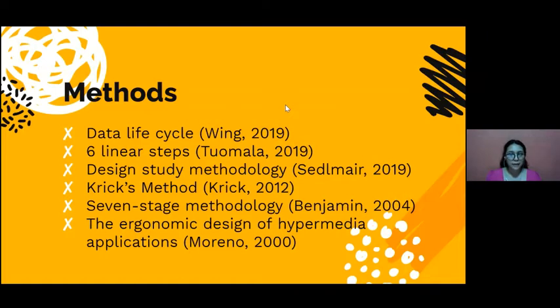The elements of this method are: first, you have to analyze, then make a conceptual design, then a functional design, then a physical design, then a prototype, then make the implementation, and then an evaluation.